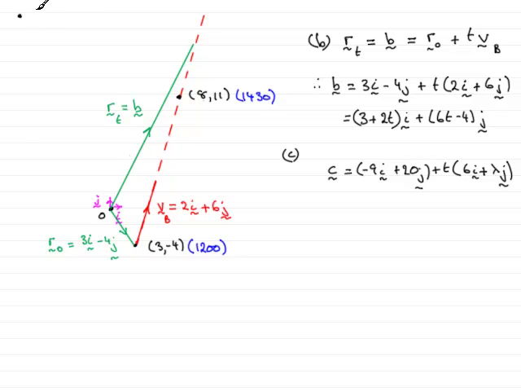So at 12 noon, 1200 hours, we have the boat at this point here, and we'll mark those coordinates in. That is at minus 9, 20. Alright, the boat C's there, and it's moving in the direction 6 units to the right and lambda units in the j direction.